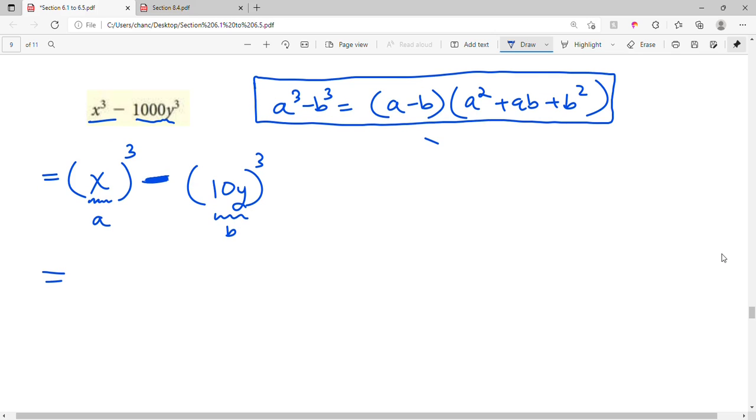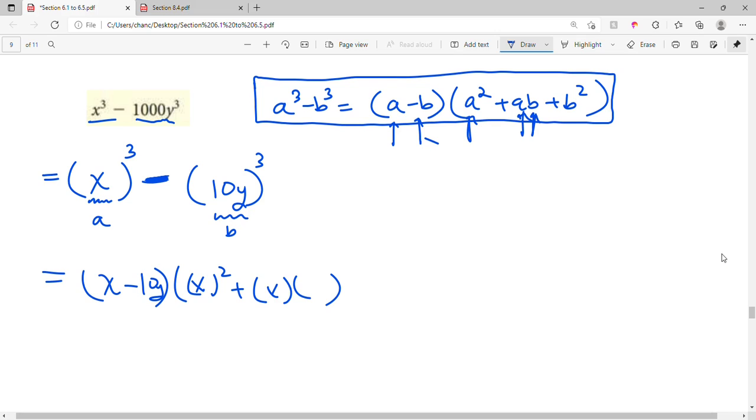So we'll substitute into the formula now. We'll start with a minus b. That's x minus 10y times a squared, which would be x squared, plus a times b now, which is x times 10y, and the last term is plus b squared.